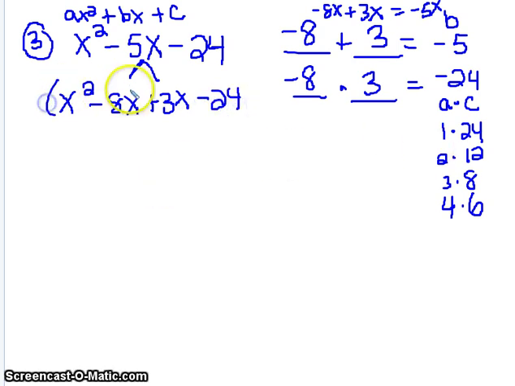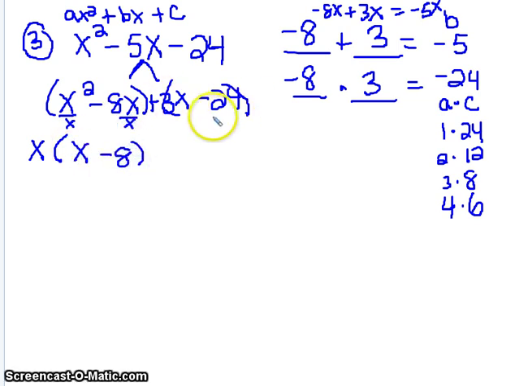When I group my first two terms and group my second two terms, my greatest common factor in the first two terms is x. And when I factor out that x, I'm left with x minus 8. My greatest common factor of the second two terms is 3. So when I factor out that 3, once again, I'm left with x minus 8.